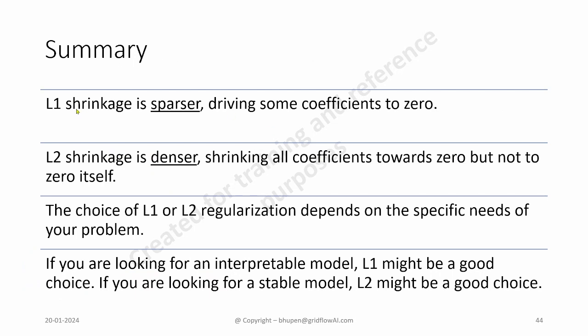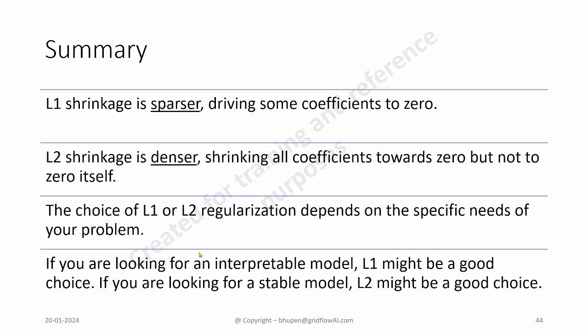So the summary is that L1 shrinkage is sparser because of the L1 diamond shape. Some of the coefficients can turn to 0. L2, on the other hand, is a dense representation, and it will shrink all the coefficients towards 0 maybe, but not exactly 0. The choice of L1 and L2 will depend on the specific needs of your data engineering or machine learning task.